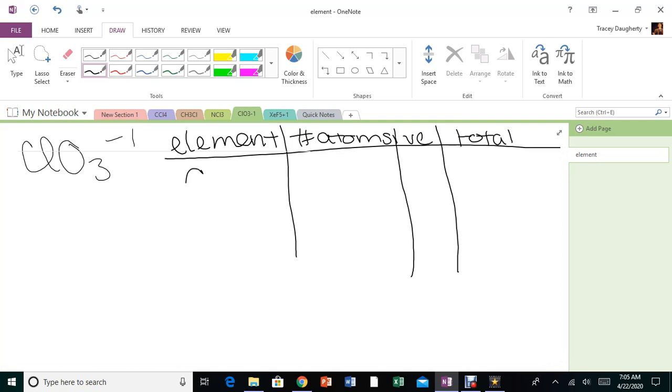So we've got Cl and O. We have one Cl atom and 3 oxygen atoms. Each Cl atom has 7 valence electrons, and again, that's from the periodic table. Oxygen has 6 valence electrons. So 1 times 7 is 7, 3 times 6 is 18.